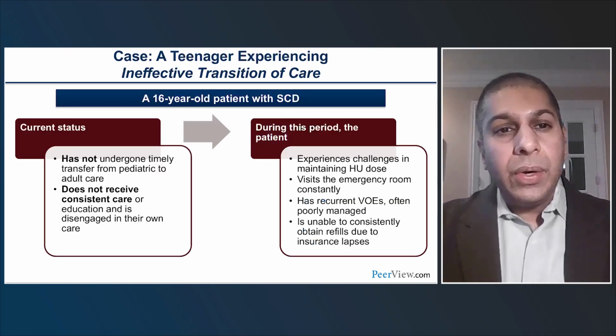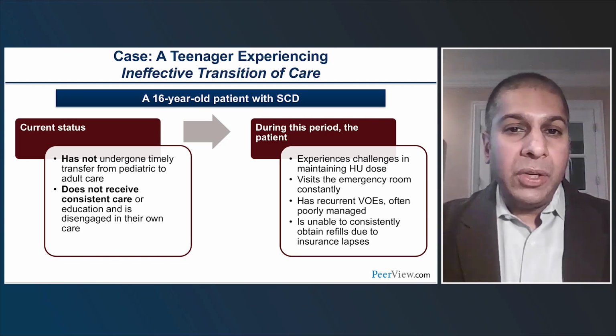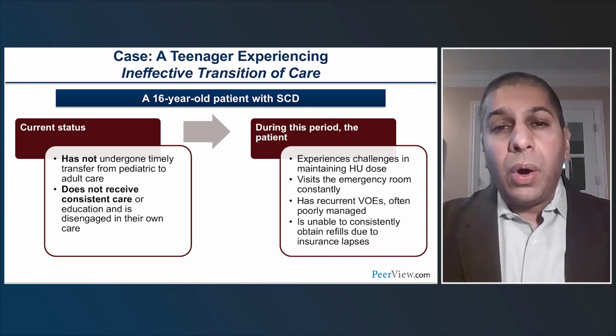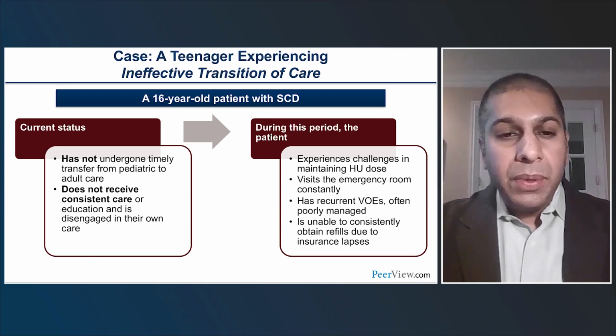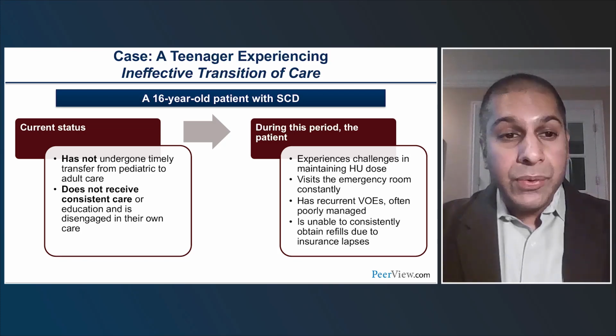So let's consider a 16-year-old patient with sickle cell disease who does not undergo timely transfer from pediatric to adult care. And this includes not having consistent care or education and is disengaged in their own care. And during this period, this patient is going to experience challenges with hydroxyurea, maintaining the dose and maintaining their prescription.